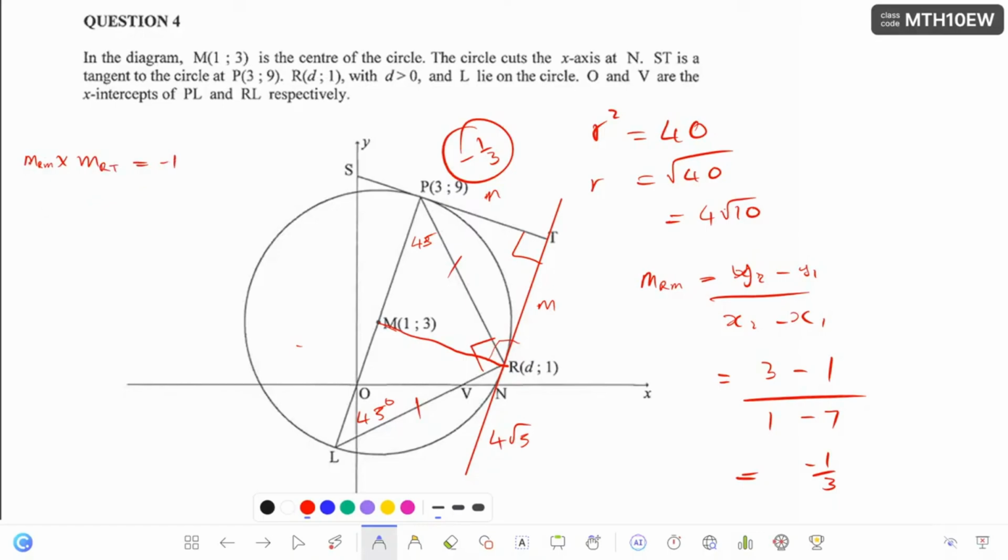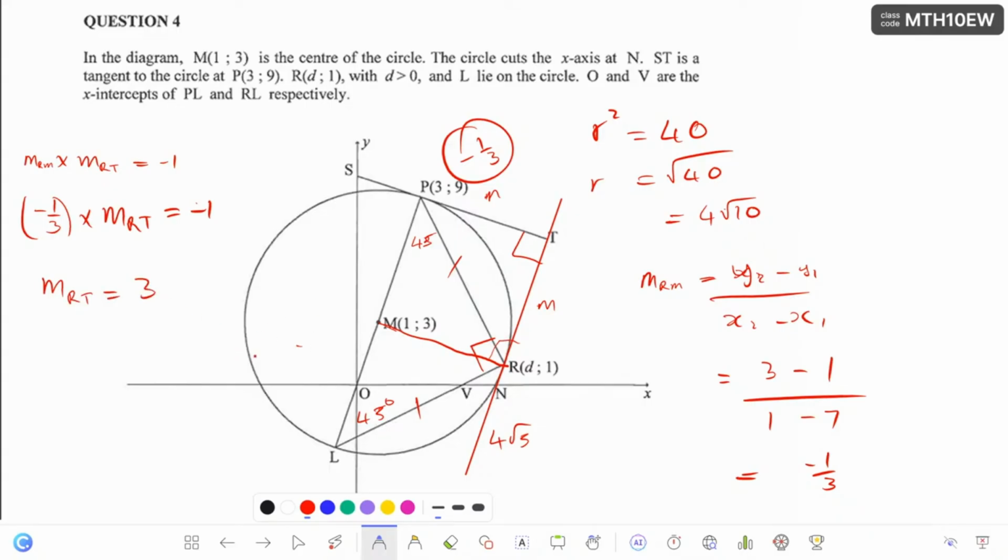So we already know the gradient of RM, which is -1/3, times gradient of RT is equal to -1. So we need to divide -1/3 by -1. So this is going to give us the gradient of RT to be 3.